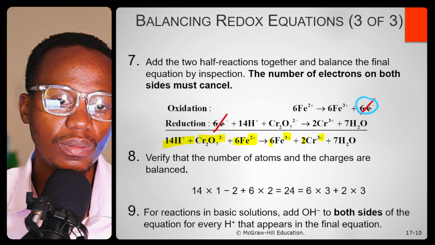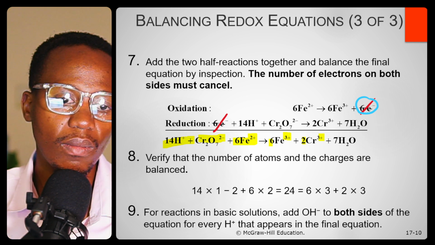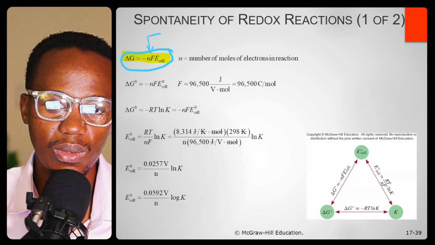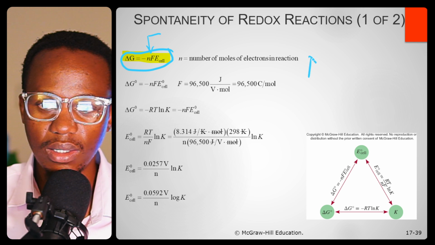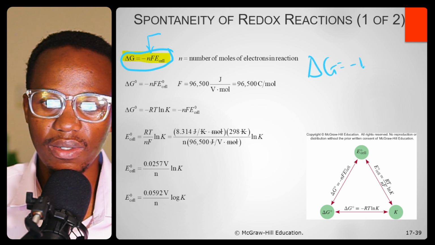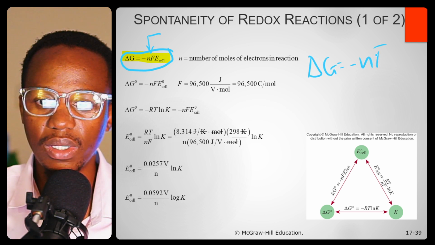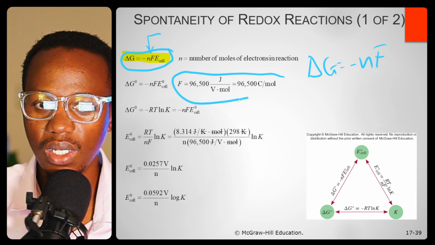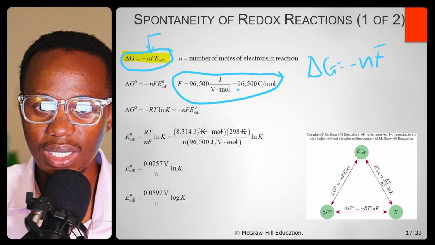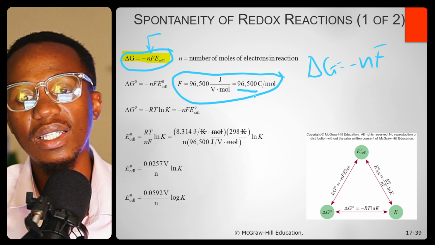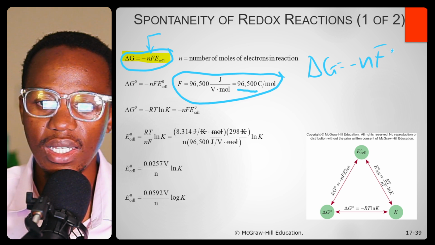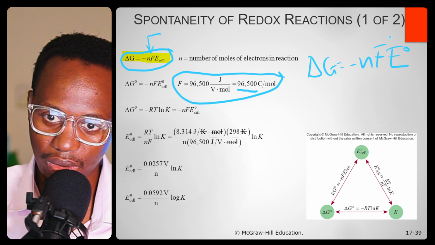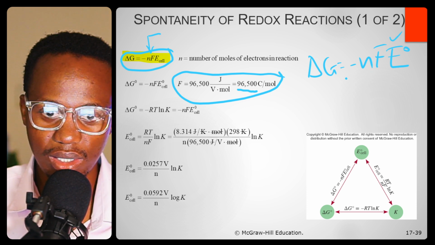So delta G is equal to negative NFE, where N is the number of electrons, F is the Faraday constant, which is given to you and is almost always 96,500, and E is the voltage that you calculated. So if you calculate the voltage, you can calculate the delta G very easily.